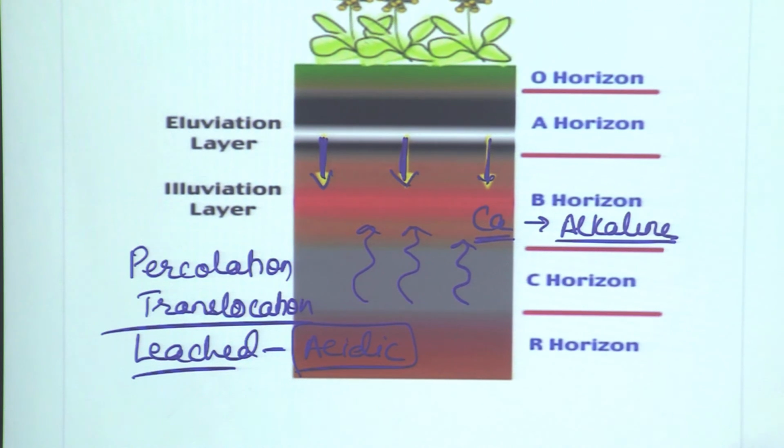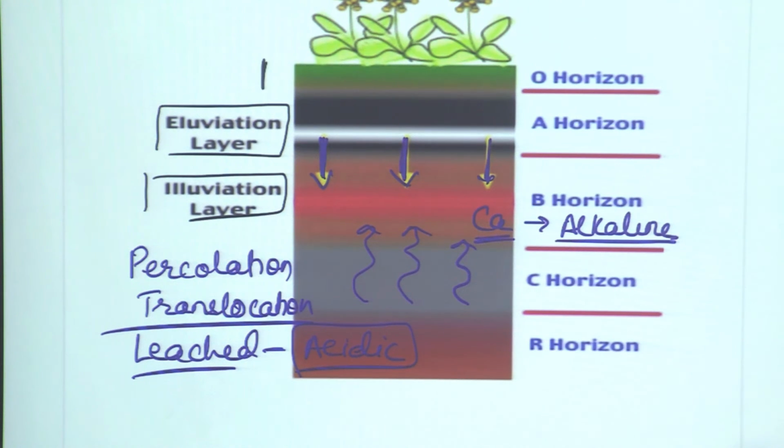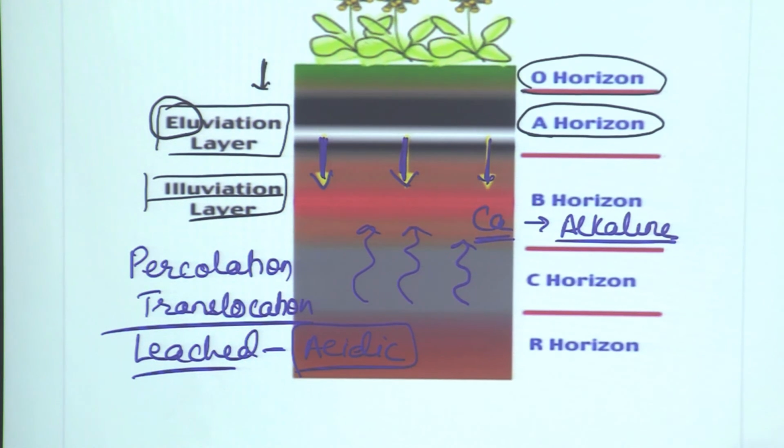In this diagram, don't miss the two expressions you should know. The zone from where the movement is taking place is called the zone of eluviation, and the zone to where the movement is taking place is the zone of illuviation. So genetic horizon A and genetic horizon B will be the zones. Which process are we talking about? Percolational translocation.